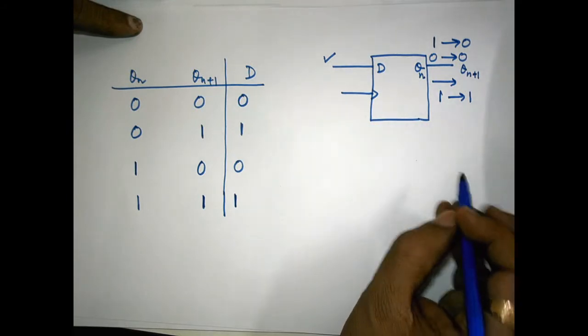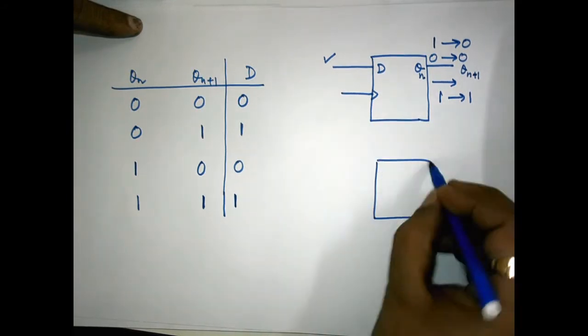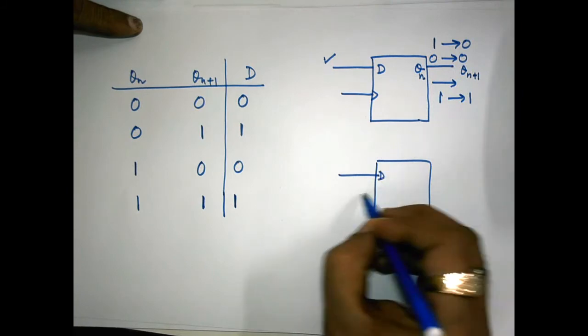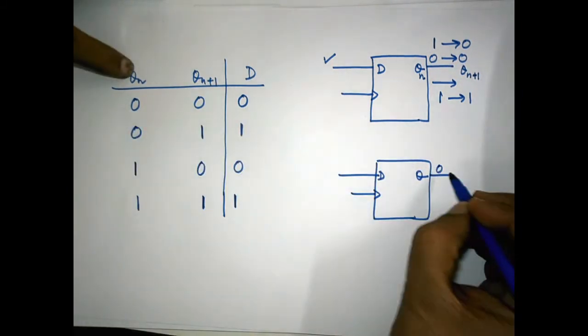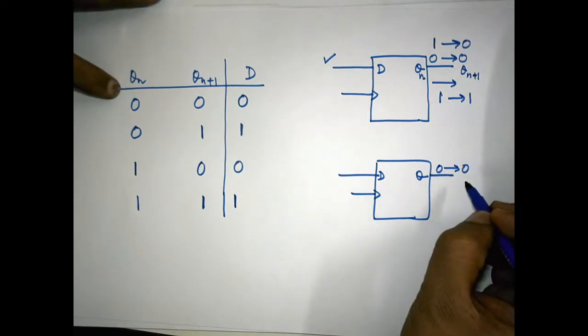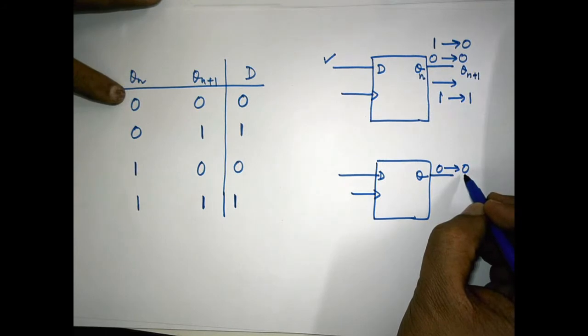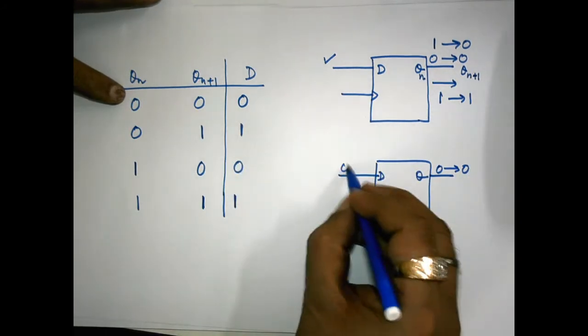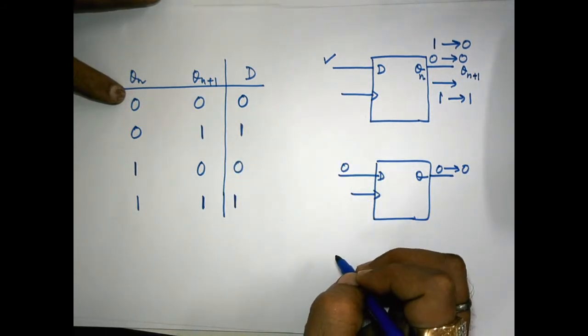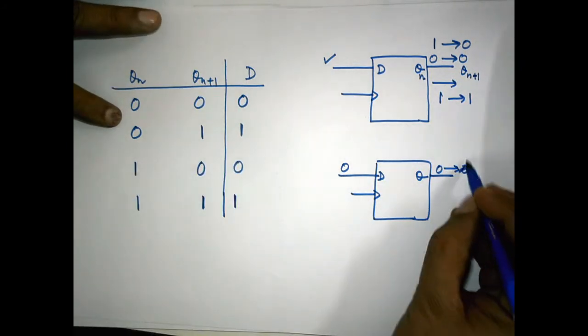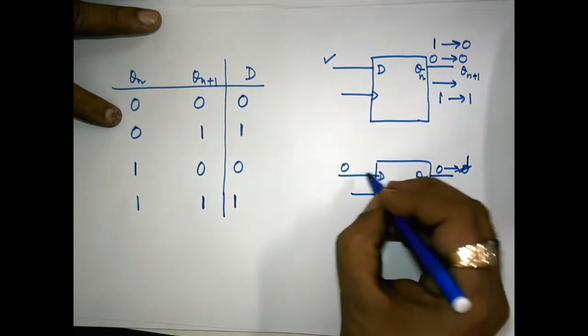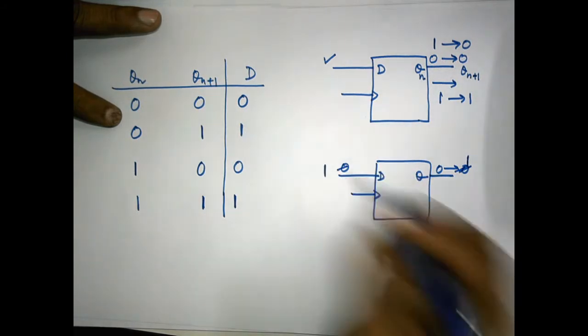What I wish to say is that if it was 0 and in the next state we are willing that it should be 0, then 0 should be applied over here. If 0 was here and we are willing to make it 1, then we apply 1.